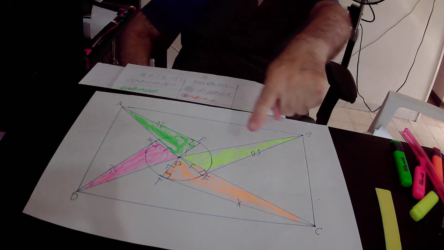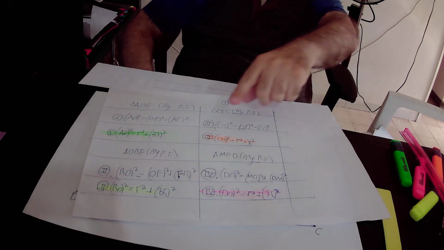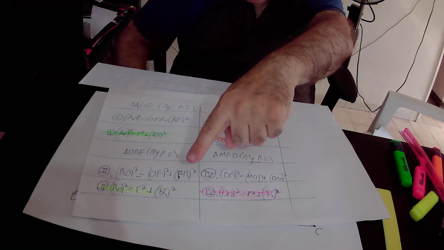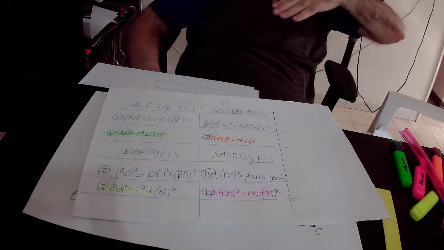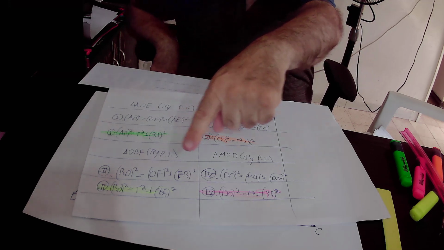OF equals R, BF equals 85, therefore BO square equals R square plus 85 square. So in conclusion, according to equation number 2, BO square equals R square plus 85 square.